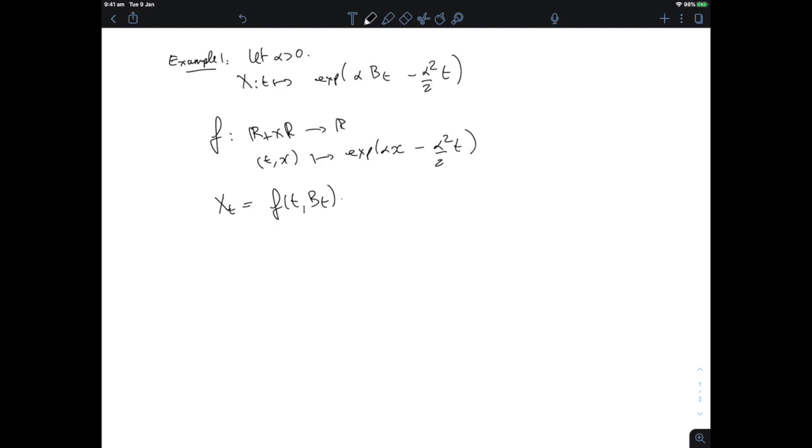So in order to show that X_t defines a martingale, for every t in 0, 1, we need to do two things.